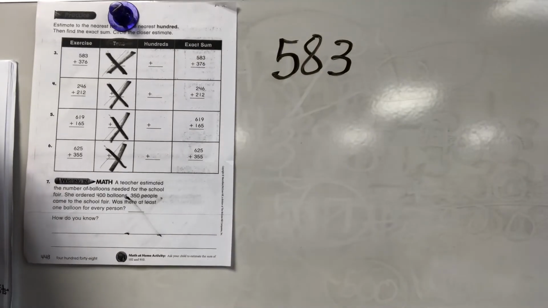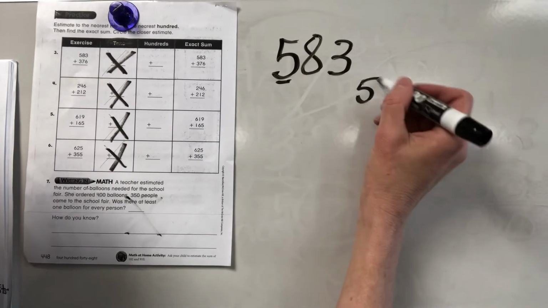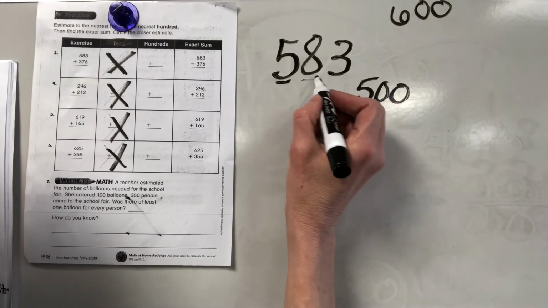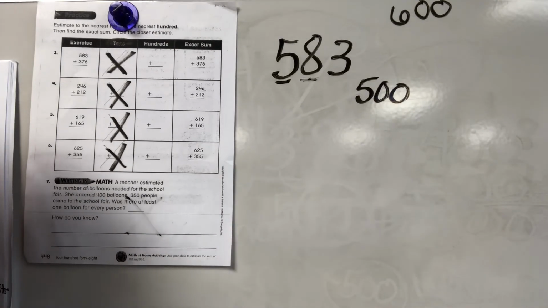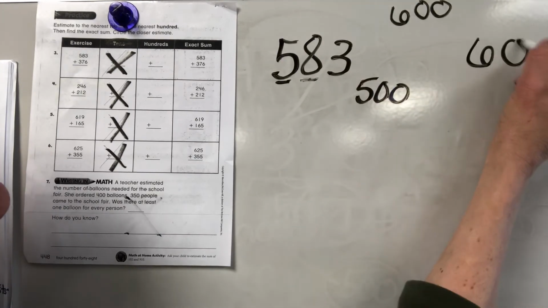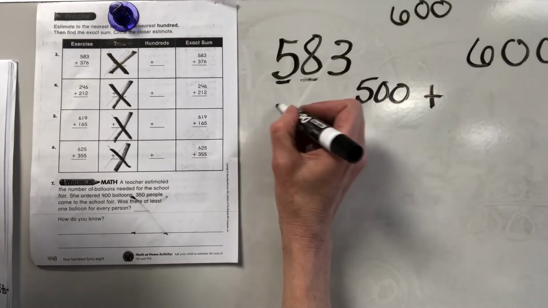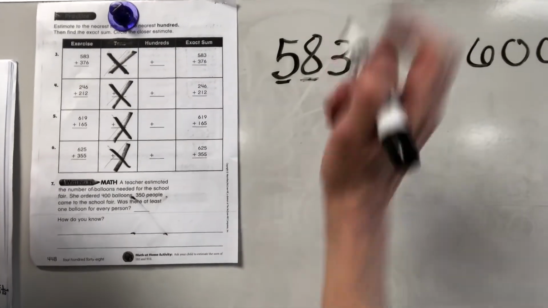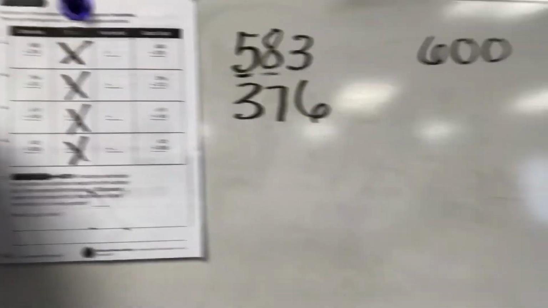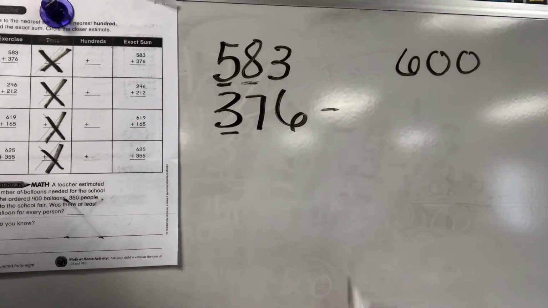583. All right, do we stay at 500, or do we round up to 600? Okay, look at the 8. 8 is greater than 5, so we round up. So our first one is 600 plus, now 376. Okay, so what are our choices?